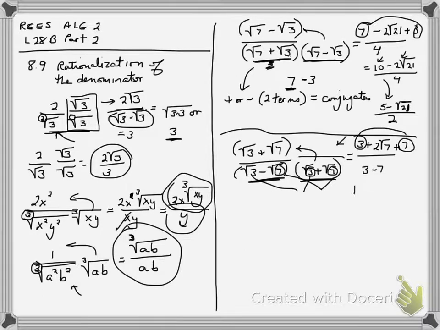So this will be 10 plus 2 square root of 7 over negative 4. Simplify one more time. 5 plus square root of 7 over negative 2. Or we could pull the negative out front, either way.